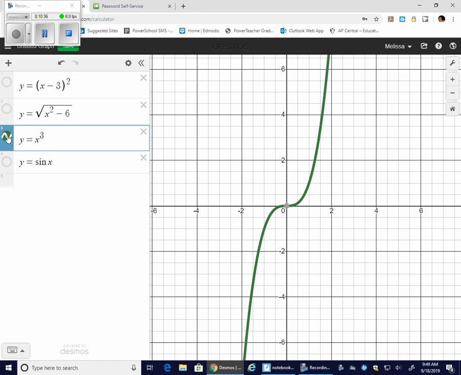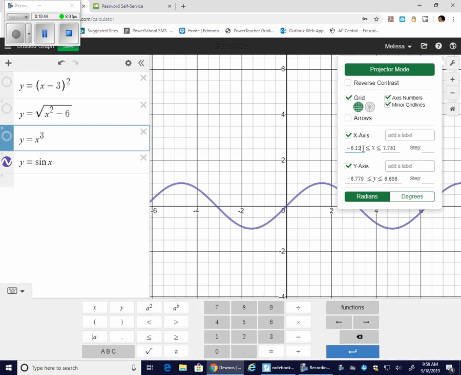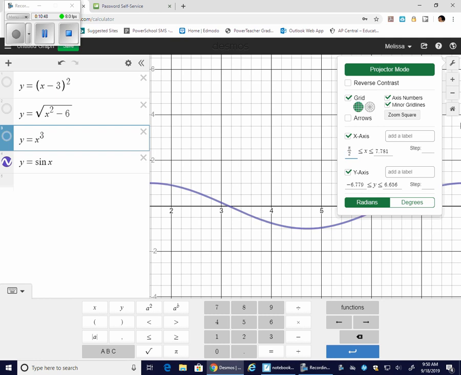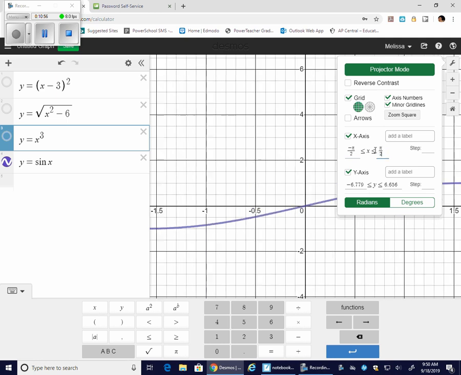Let's look at Desmos one more time. And I'm going to change the scale. If you don't have Desmos, I highly recommend getting Desmos. It's a free app. It's really fantastic. You can change your axis. So if you notice what I'm doing over here, I'm changing my axis to be in terms of pi.